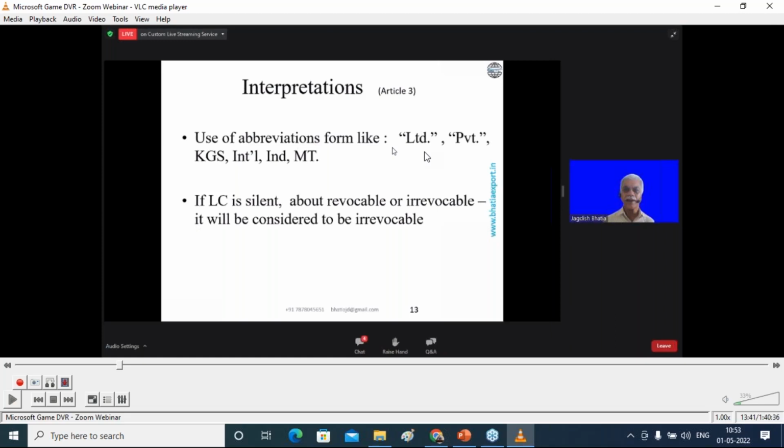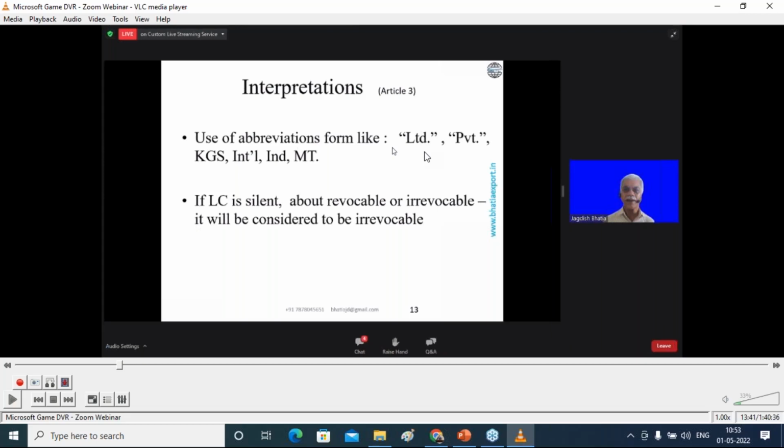And one more very important aspect is revocable and irrevocable LCs. Nowadays it is generally taken as irrevocable only. Revocable LCs are not operational now. The simple reason is that revocable means that once the buyer has opened the LC through the banking channel, the buyer can change the LC terms.